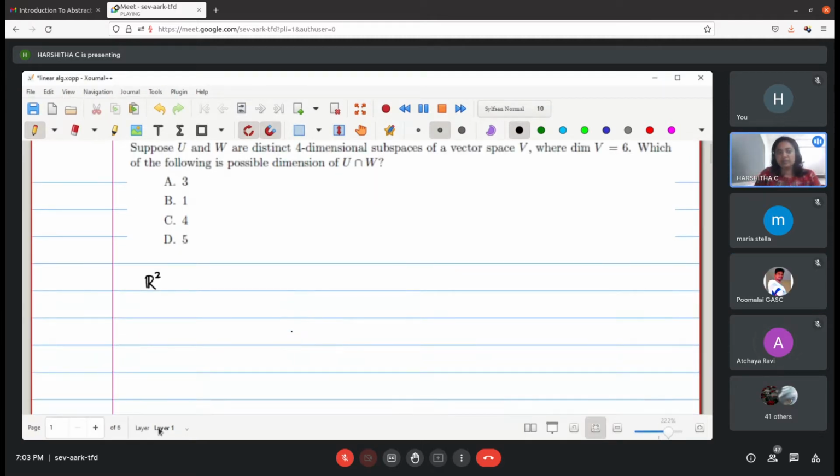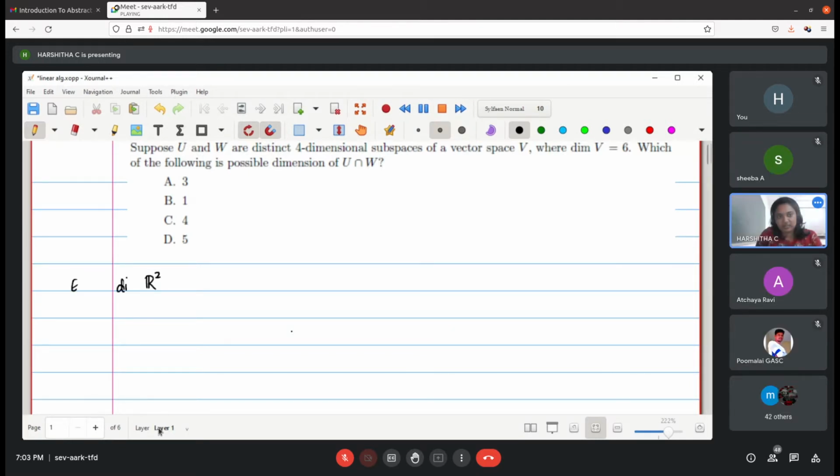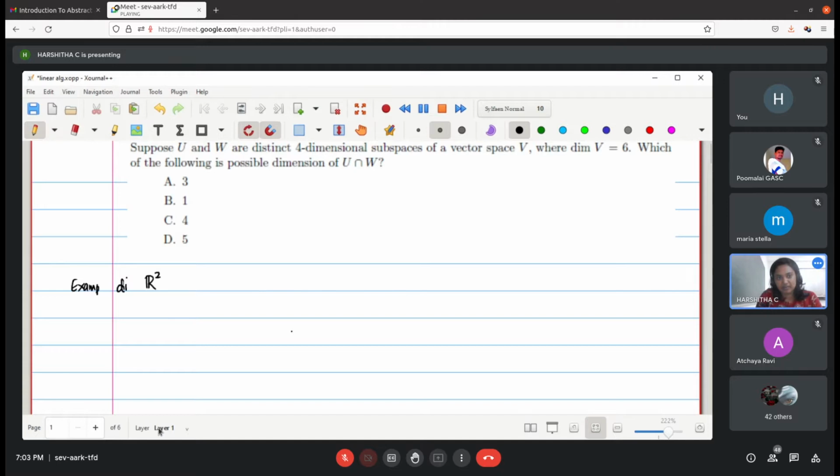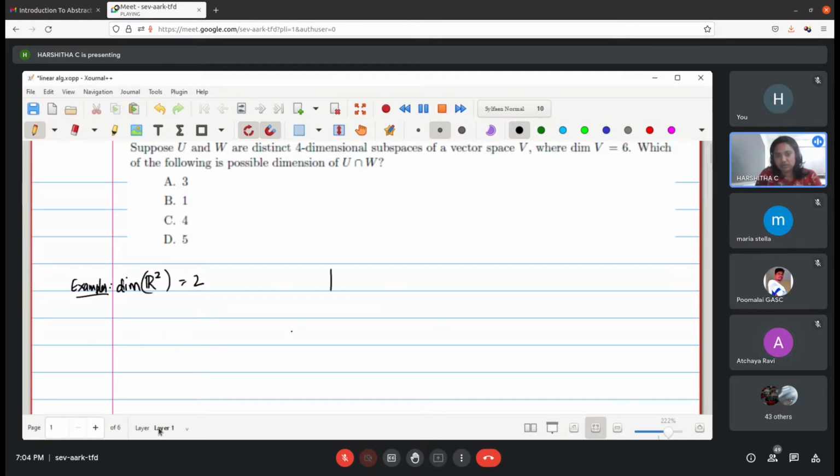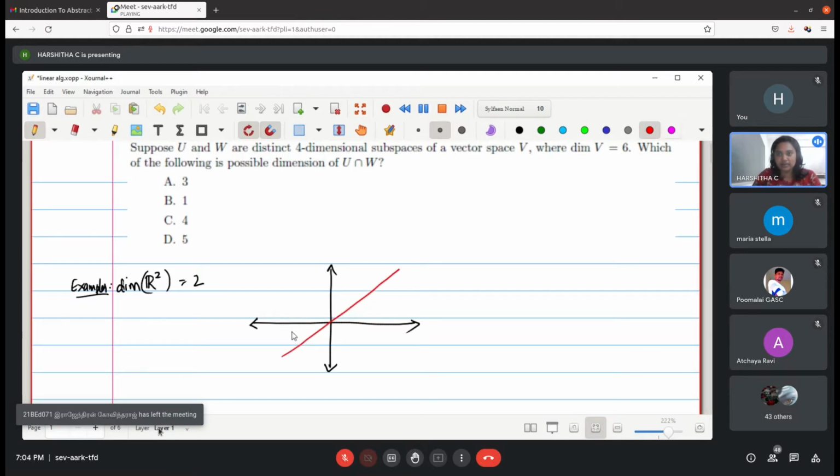So let's just look at R2. This is a two-dimensional space, right? We'll just look at a few examples. Dimension of R2 is 2. So how does it look? We have our plane, and let's just look at this line and this line.